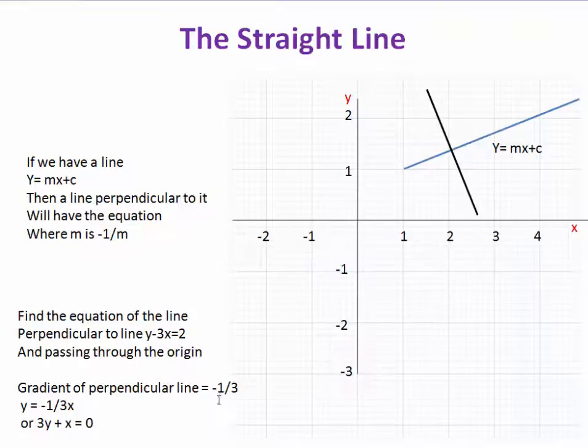So if we rearrange this into y equals mx plus c, or y equals mx, you can see that this going to the other side of the equal sign becomes plus 3x, gradient of 3. So the negative reciprocal is minus 1 over 3. So the gradient would be minus 1 over 3, and y equals minus 1/3 x. If we rearrange that, 3y plus x equals 0.